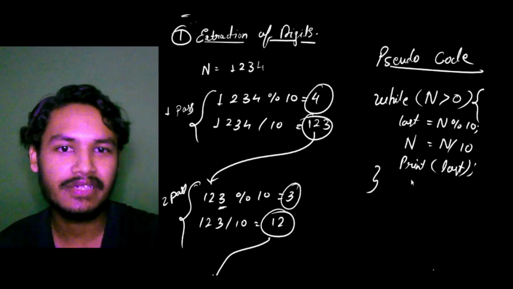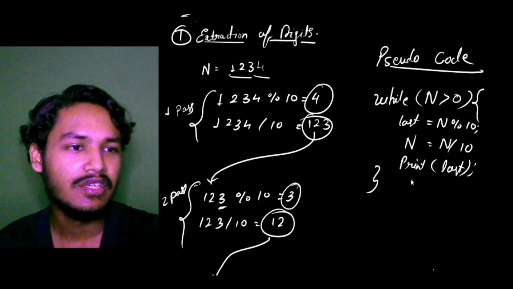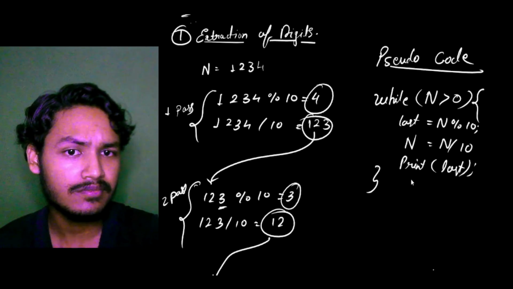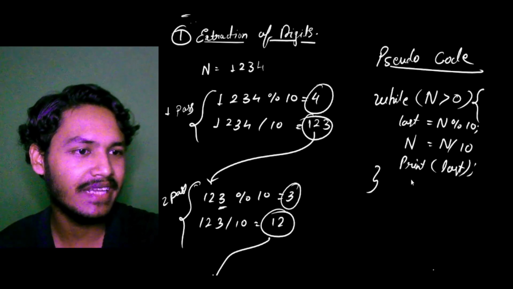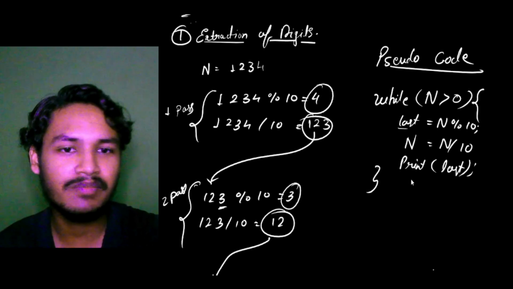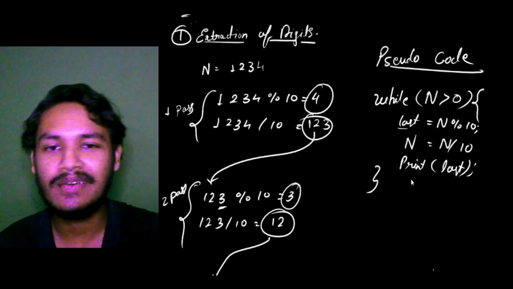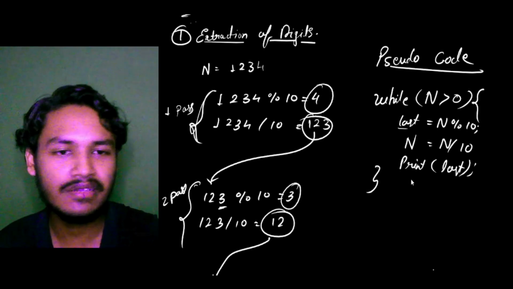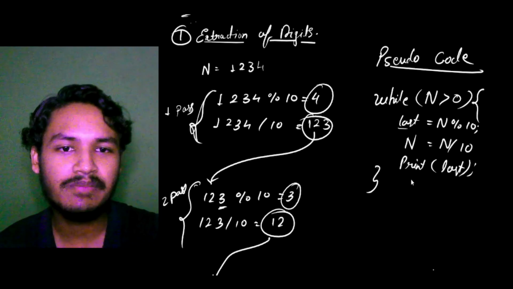So our input is 1234. As you can see, our number is greater than 0. So we take the modulus of this number, and we get the last digit, which will be 4.